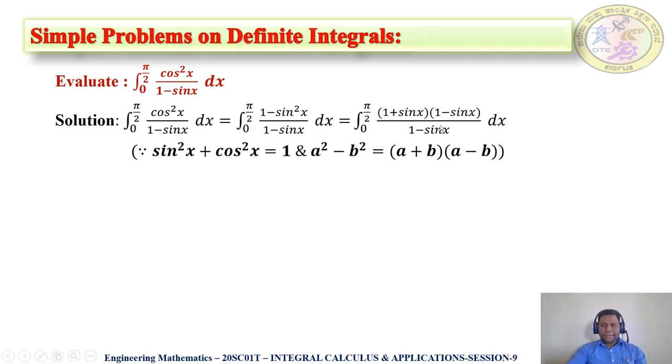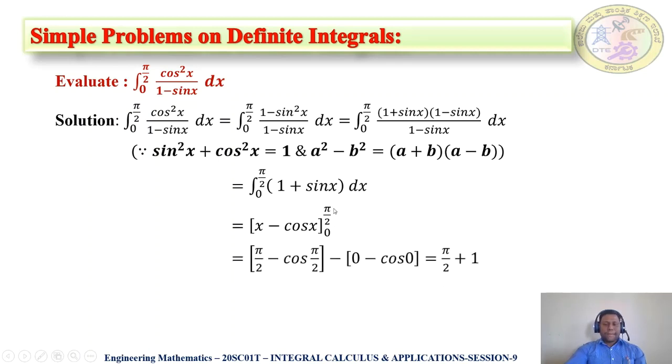Now what happens? 1 minus sin x and 1 minus sin x get cancelled. It remains with 1 plus sin x. Now integration of 1 is x, integration of sin x is minus cos x, between the limits 0 to pi by 2. Apply the upper limit pi by 2 minus cos pi by 2, minus the lower limit 0 minus cos 0.